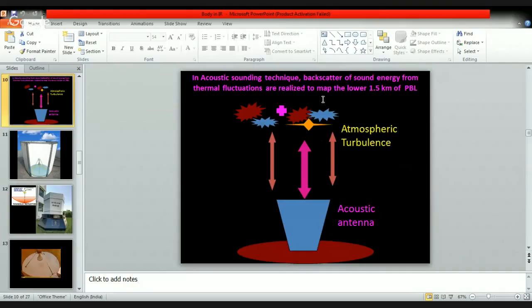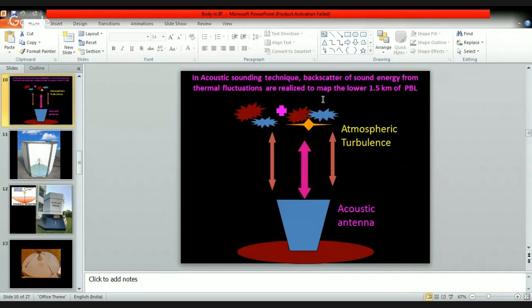And air is never absolutely homogeneous. It has perturbations in terms of temperature gradients, as well as velocity gradients and density variations. So the density fluctuations or temperature fluctuations are present in the atmosphere.